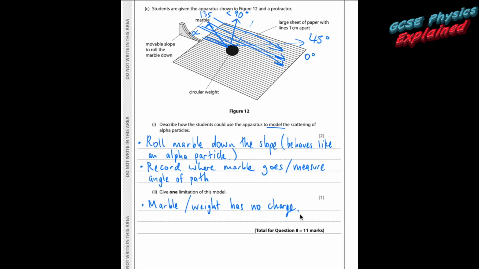And what that means is for the deflection to happen, the marble is actually going to have to hit the weight, whereas in real life, the alpha particle wouldn't have to hit the nucleus in order to be deflected. You'd have repulsion as it approached. And obviously, nothing is to scale.